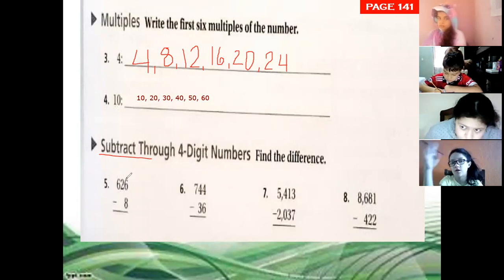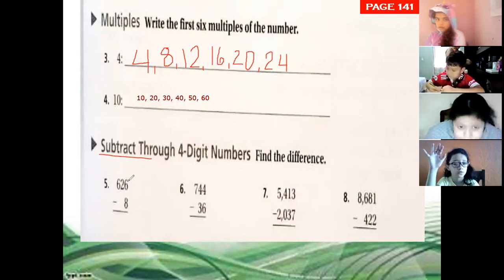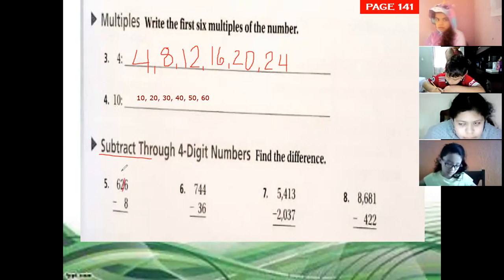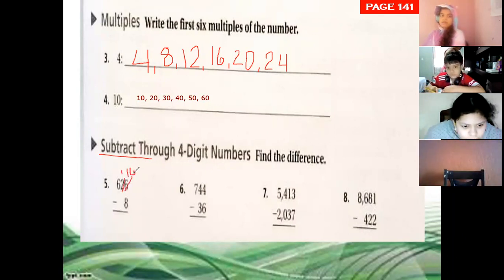The 2 is 1 and then the 6 is 16. 16 minus 8, Victor. Equal 8. Now, 1 here, there's not another number, so we only bring down the numbers. The answer is 618.